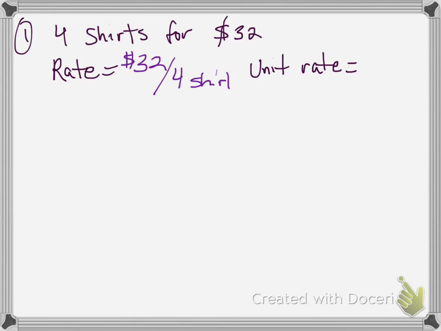And the second part asks us, what is the unit rate? Well, hopefully you remember this from class. When I say unit rate, you say divide. Unit rate, divide. Whenever we are figuring out a unit rate, we want a 1 in the denominator. So you can start out by looking at your rate, which was 32 over 4, and we want to have a 1 in the denominator.